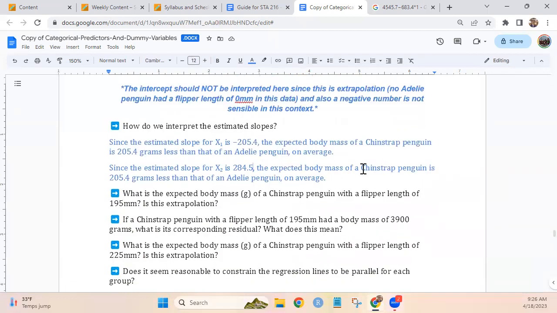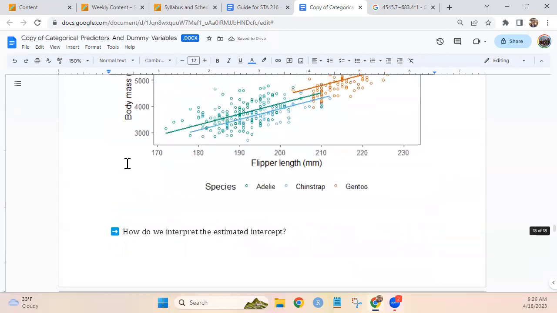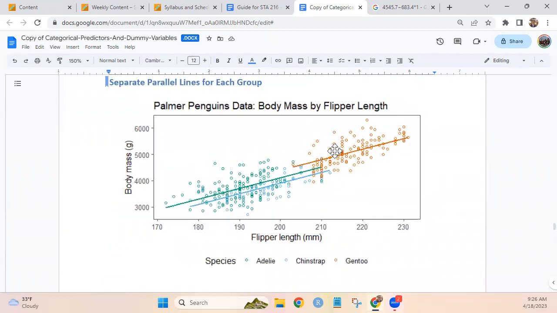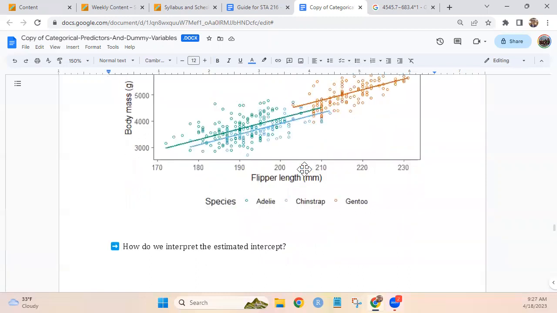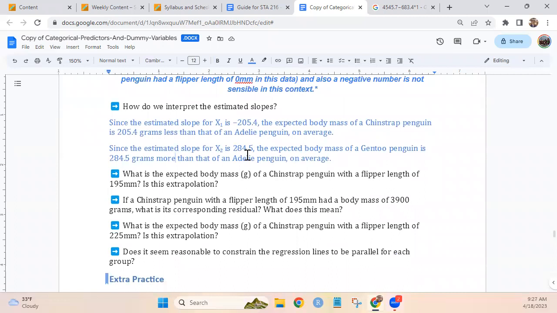So the expected body mass of a Gentoo penguin is 284.5 grams more. Yeah, because it's positive. And again, we can see that that shows up in the plot. The Gentoo penguins' line is above the Adelie penguins' green line here. And specifically, this difference in height between the lines is exactly equal to 284.5.